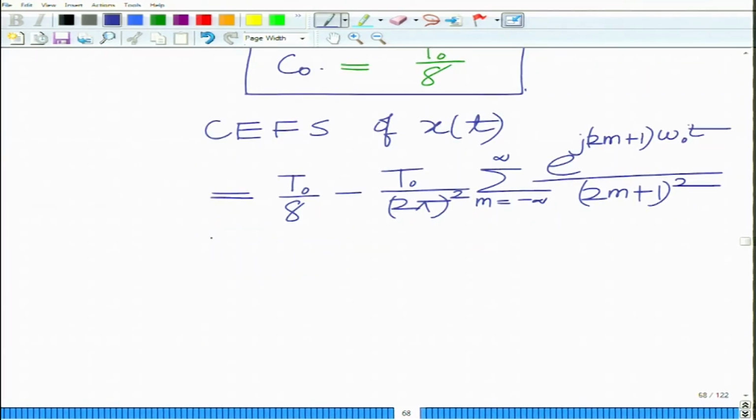So, this is the CFS of the original periodic triangular wave.